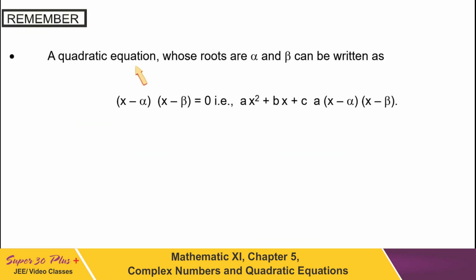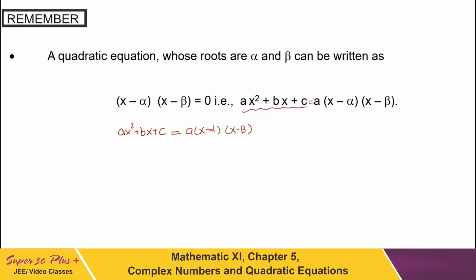A quadratic equation whose roots are alpha and beta can be written as follows. What is the meaning of this? The quadratic equation is ax square plus bx plus c, and this equation can be written as a times x minus alpha into x minus beta. Students, as we know, ax square plus bx plus c is equal to a times x minus alpha, x minus beta, and we can also prove it by taking any example.